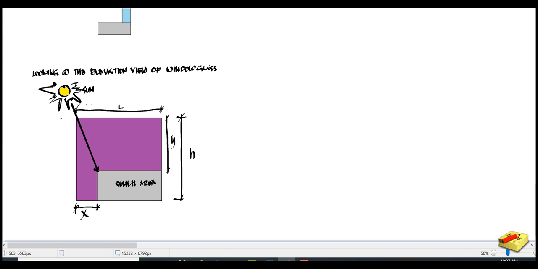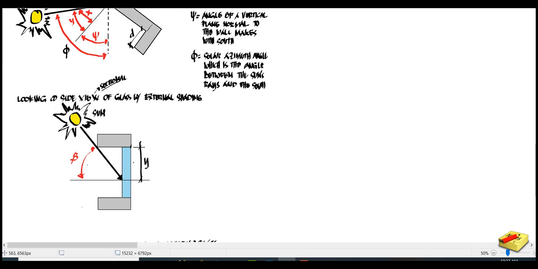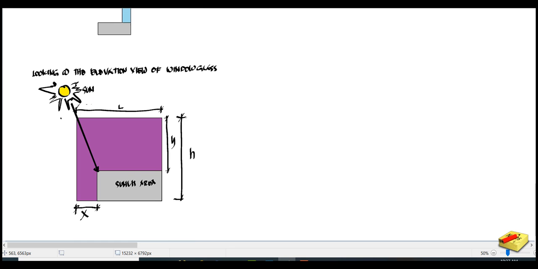That will be the projection if we have external shading. The advantage of external shading is that it decreases the load of the building, or the heat transfer from solar radiation to the windows. So you'll be aware now when we say external shading.